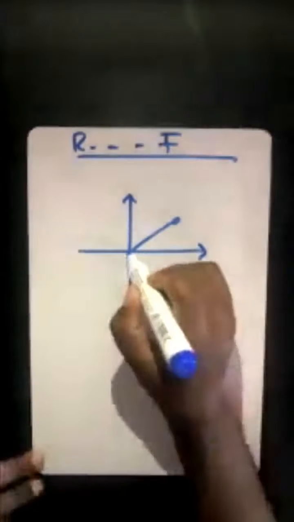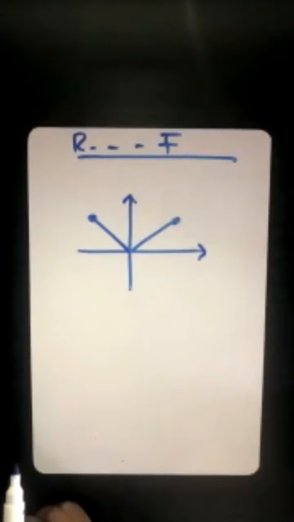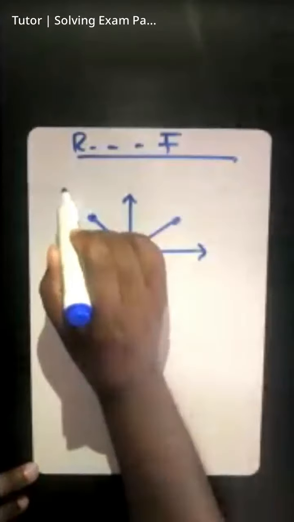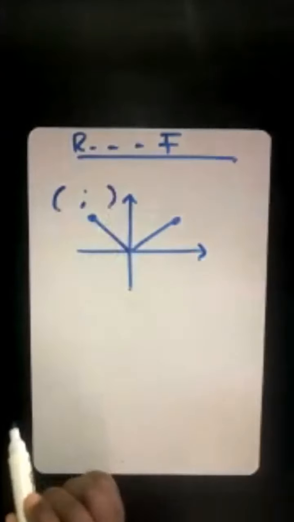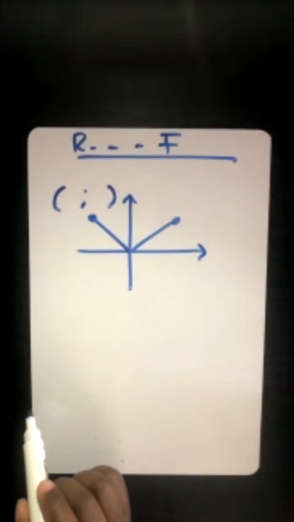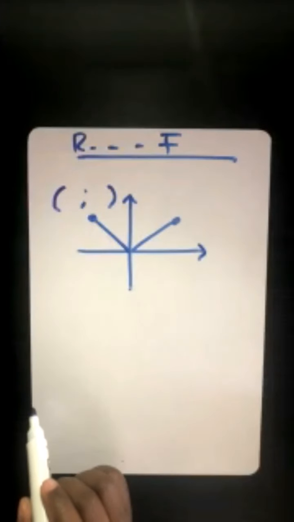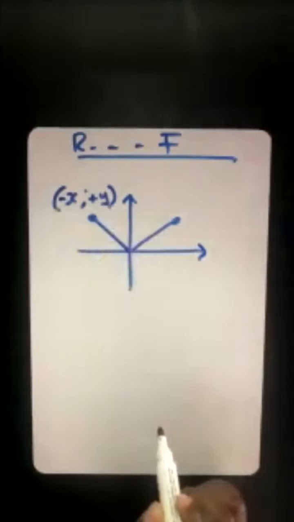But what if we've got an angle which falls in the second quadrant? In terms of the coordinates, are we having a positive or a negative x value, and what about the y value? The x value is negative and the y value is positive. So we have a negative x value and a positive y value.